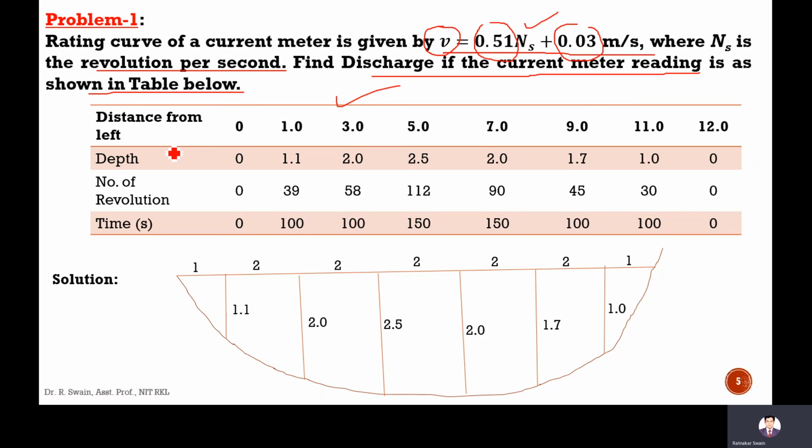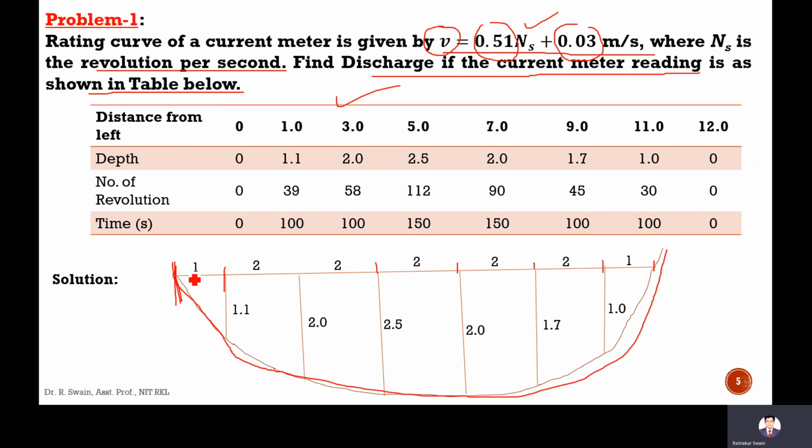So the velocity expression is given, and we need the discharge for the current meter reading shown in the table. I've drawn this section, starting from the left point, 0. Then 1, then 3, that means 2 meters, then 5, 7, 9, 11, and 12.